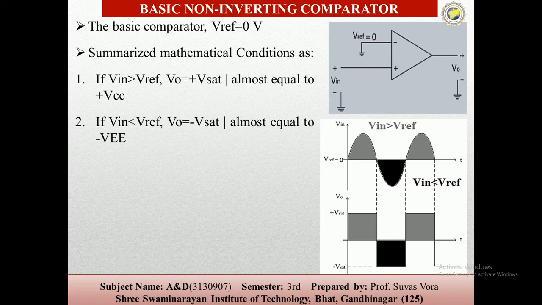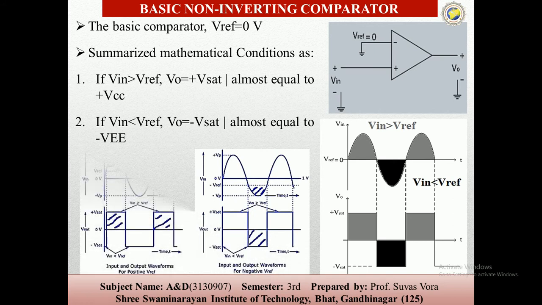By applying any voltage other than 0 to the inverting input terminal, the tripping point of the comparator can be changed as per requirement, and in such a case V in is compared with the reference voltage V reference applied to the inverting terminal.